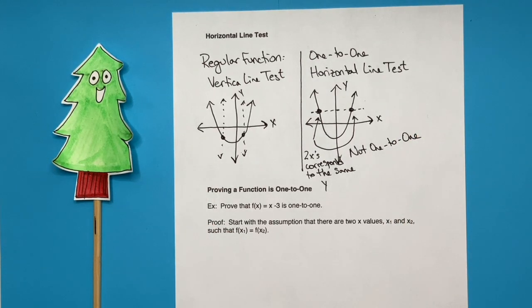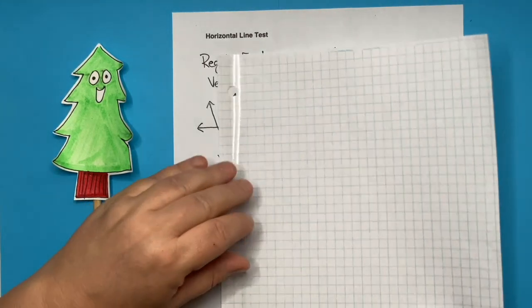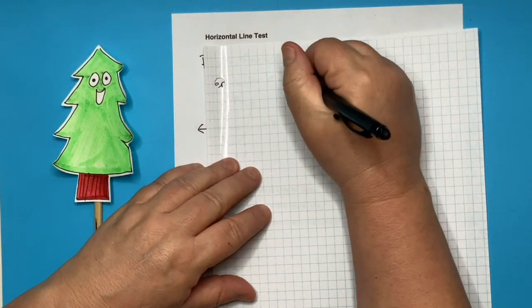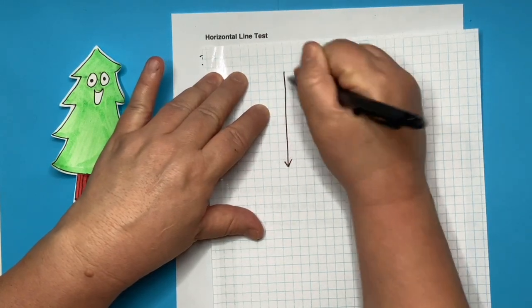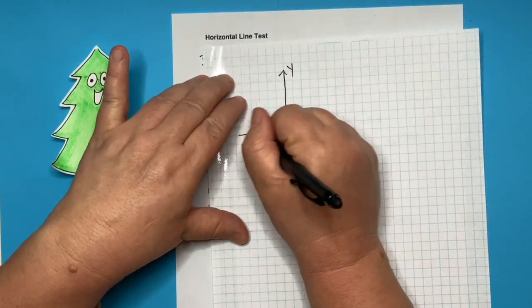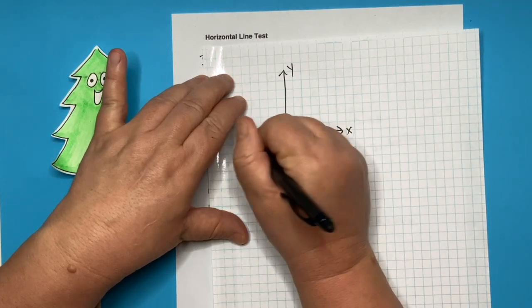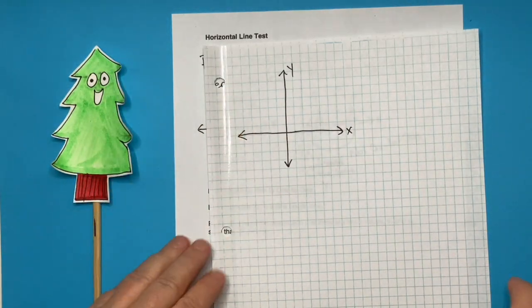So now the question becomes, what would a function have to look like to be one-to-one? So let's think about this.